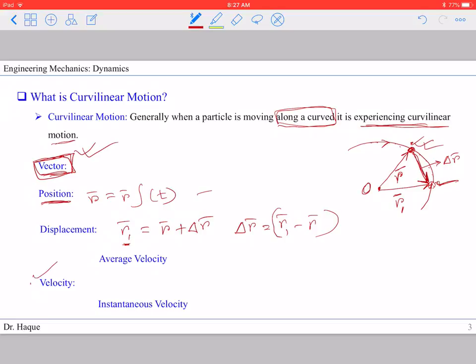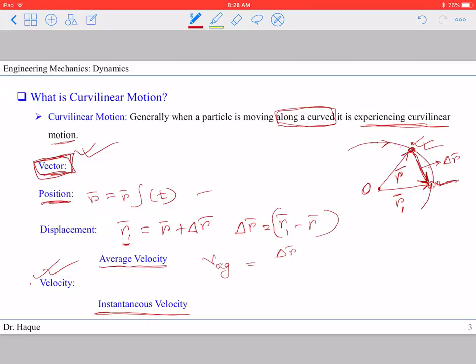Now we're going to study velocity. In lecture 1 we saw that there are two ways we can find velocity, which are average velocity and instantaneous velocity. For the average velocity, we know it is the change of displacement.